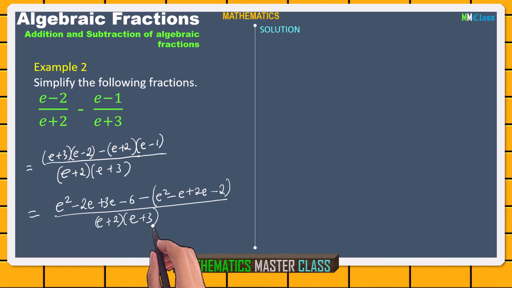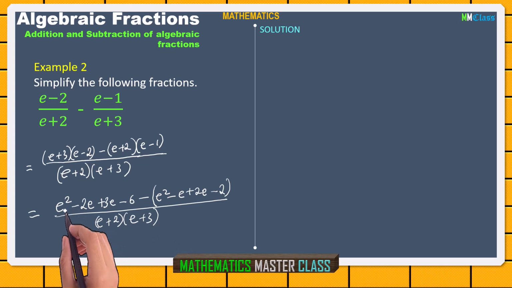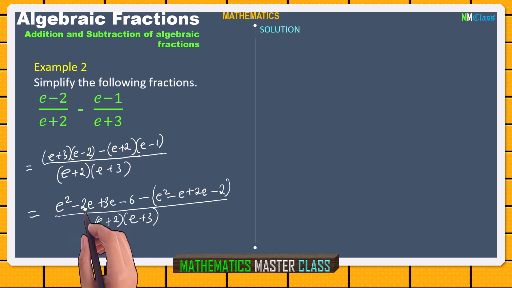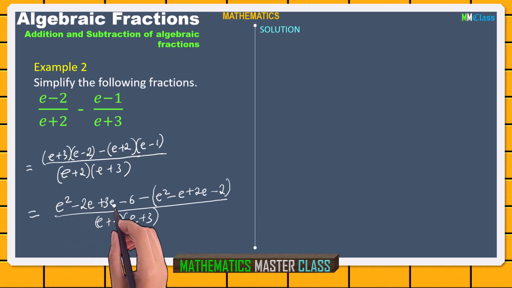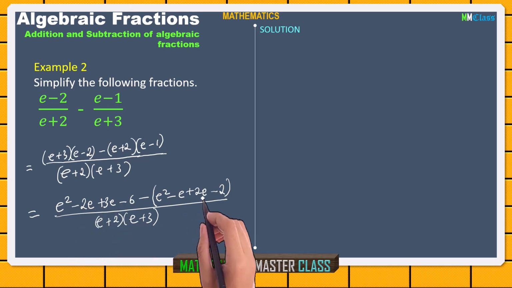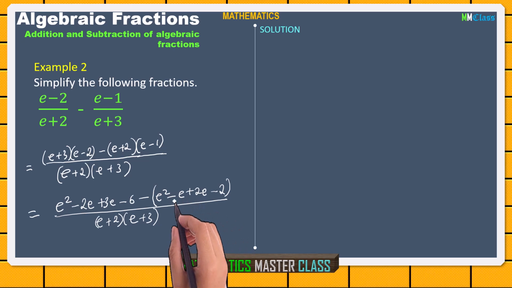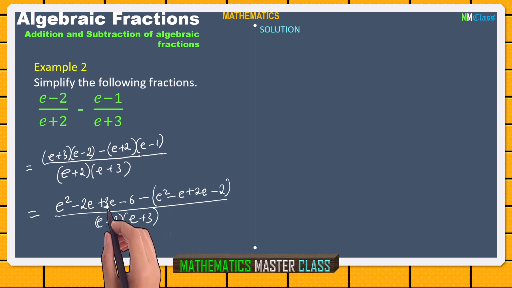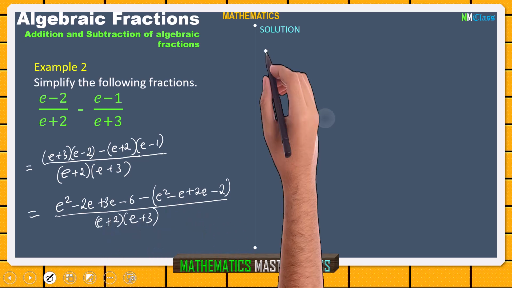So now we are going to simplify the numerator to get the like terms. So this minus 2e plus 3e, they are like terms. Minus e plus 2e, they are like terms. Inside this side first, in the bracket, and this one. So let's start from there.